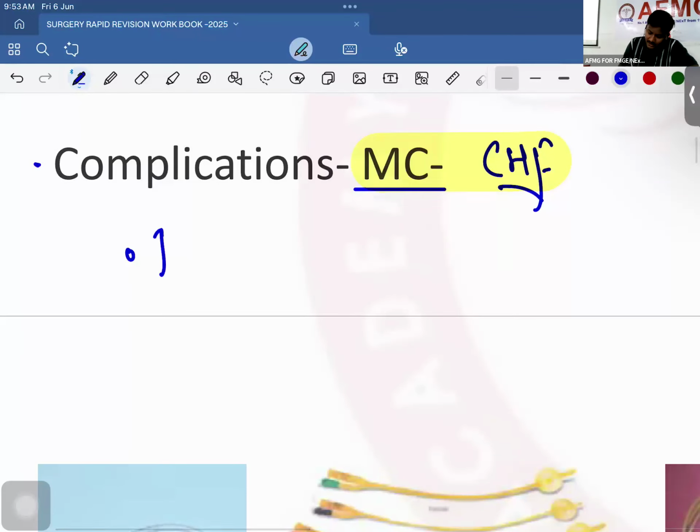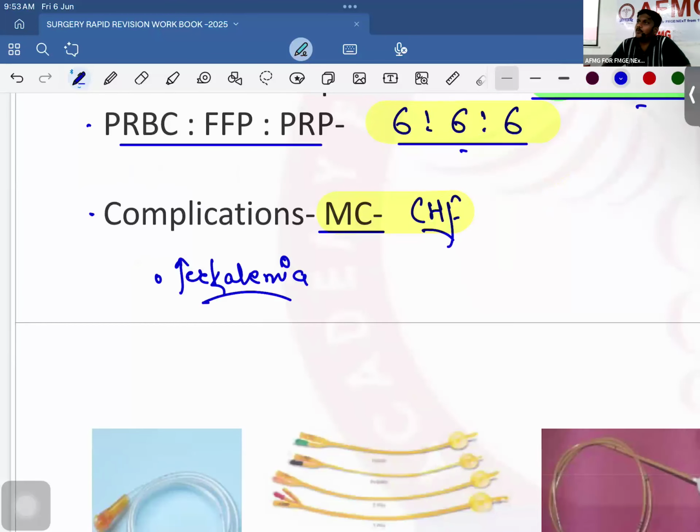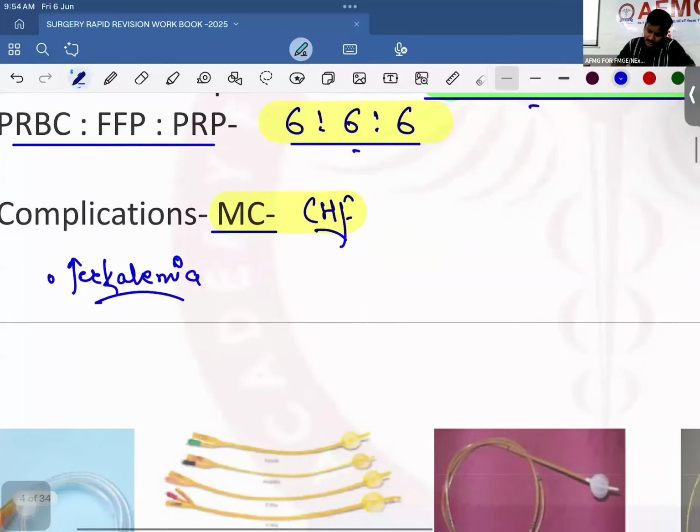The only ion that increases after a massive blood transfusion is potassium, and the patient is going to develop hyperkalemia due to two reasons. One is hemolysis, and second is acidosis. These are known to cause hyperkalemia, and hyperkalemia can increase the risk of arrhythmias in the patient. Clear? So remember, all the ions decrease after massive BT except potassium, which increases. That is hyperkalemia.